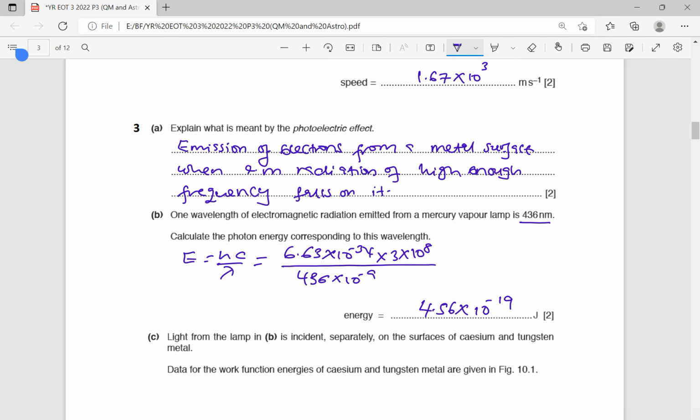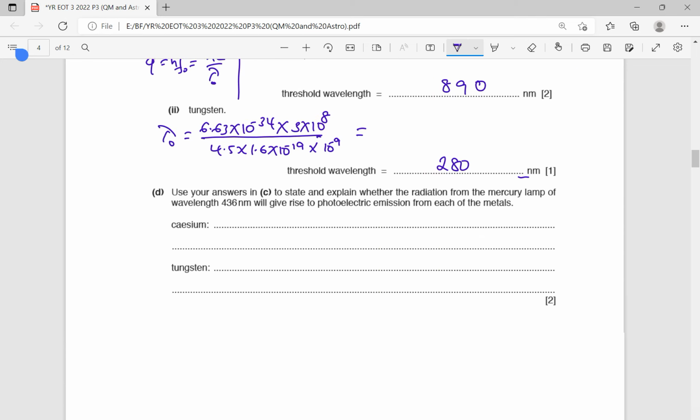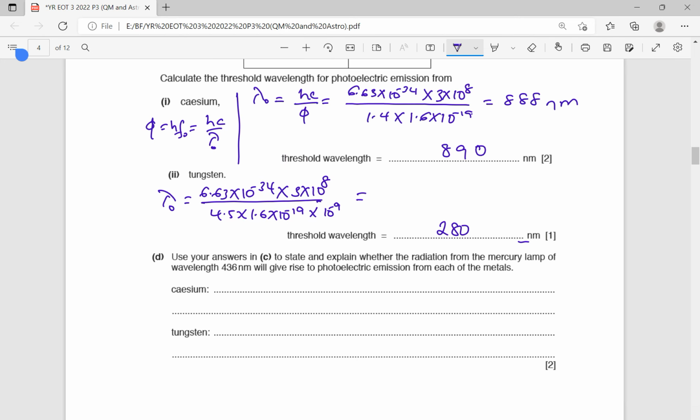You see the wavelength was giving us energy of this. If you want, you can try to change it to electron volts and see. But if you're very observant, just using the wavelengths, since they said use your answers in C, you can see that this one will cause photoelectric emission. Yes. Reason?